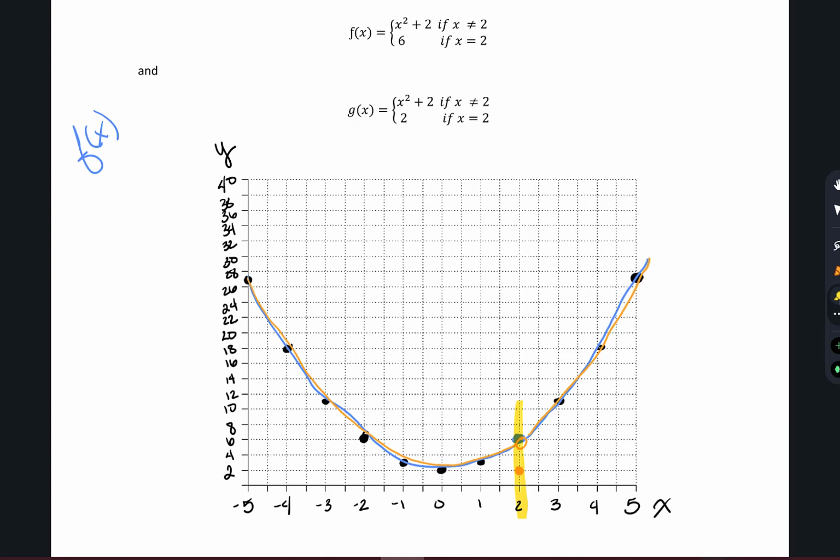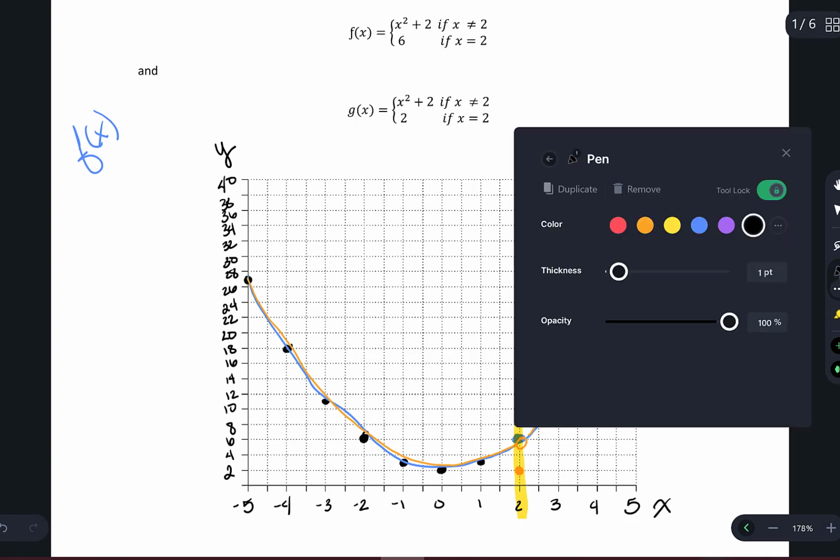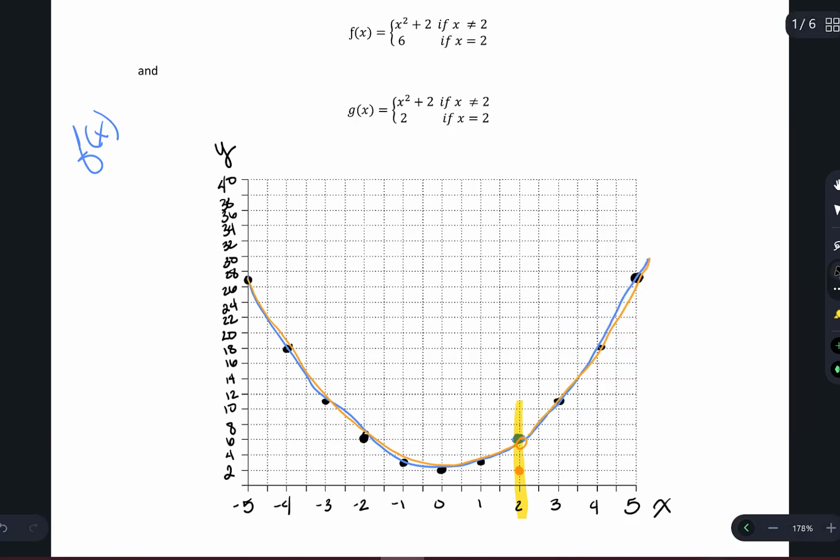So what we can say here is that f of x is continuous and g of x, and remember that was the one in the orange, is discontinuous.